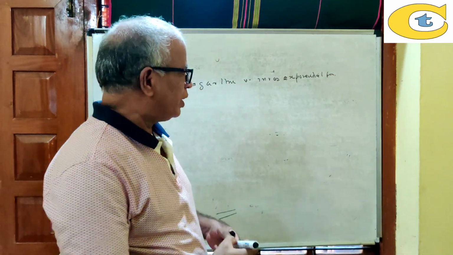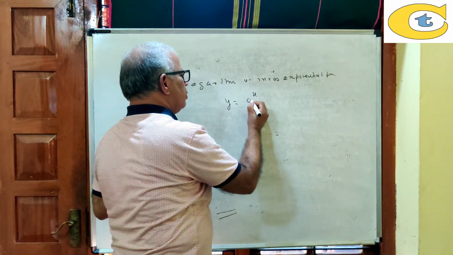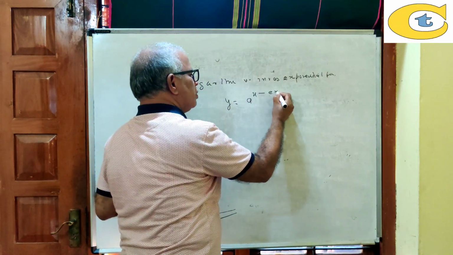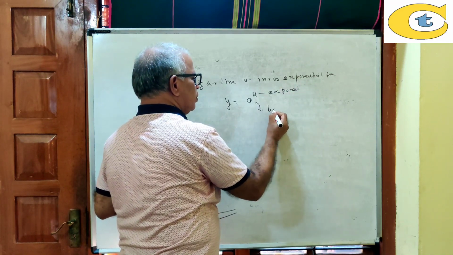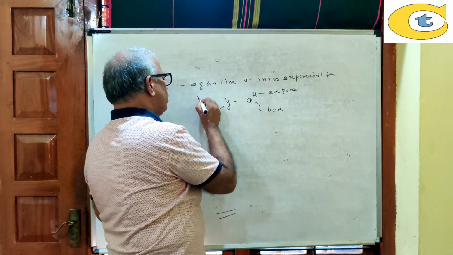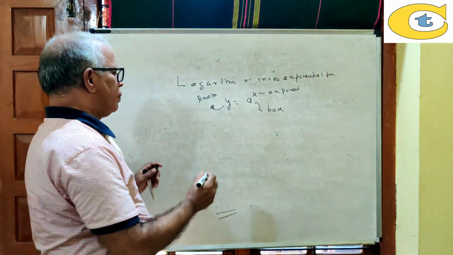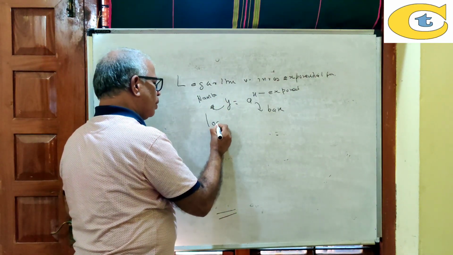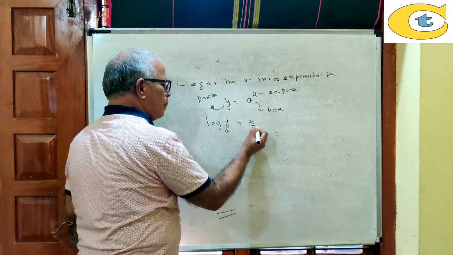So y is equal to a raised to x. We know this is the exponent, this is the base, and this is a number. Now how do you write the logarithm? Logarithm of y to the base a is equal to x.